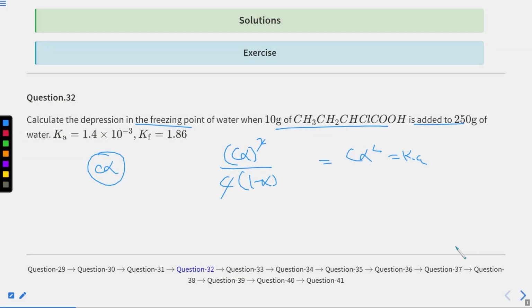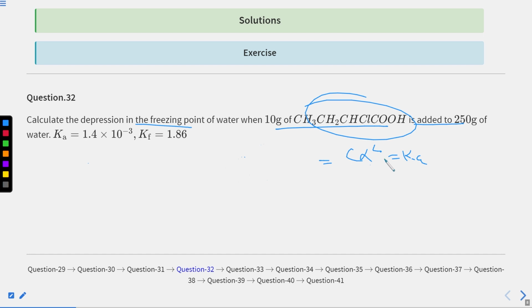Got it? So with this we will be able to calculate the concentration of this thing in water.